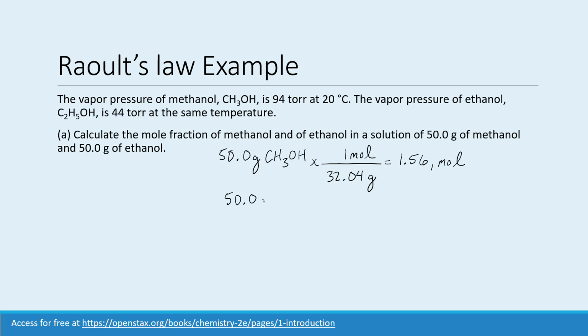Okay, and then we'll do the same thing again for the ethanol. So dividing by its molar mass of 46.07 grams per 1 mole. And we get 1.085 moles. And so we'll just abbreviate these as M for methanol and E for ethanol.